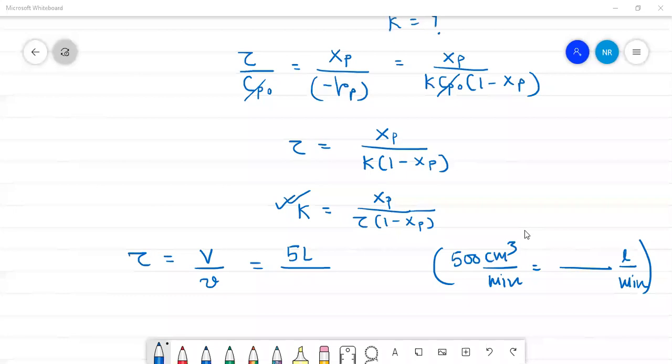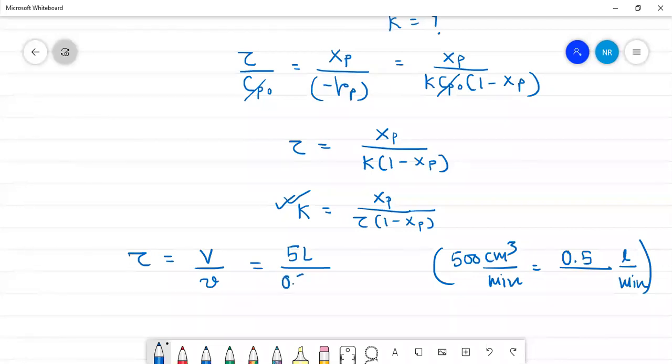Okay. 0.5 liter per minute. It's 0.5 liter per minute. Then 500 centimeter cube per minute is equal to 0.5 liter per minute.